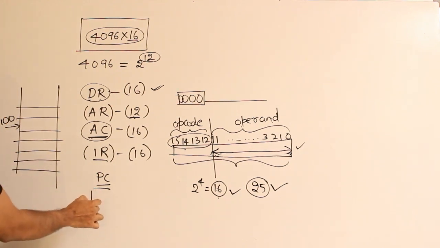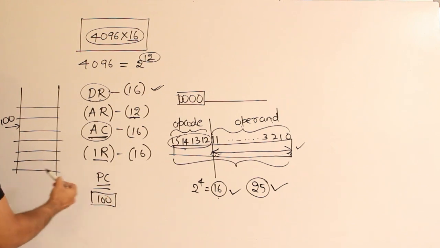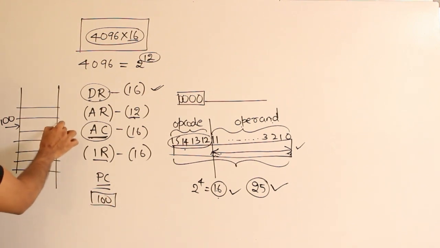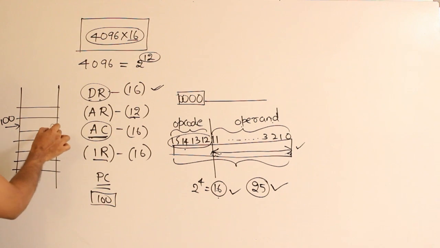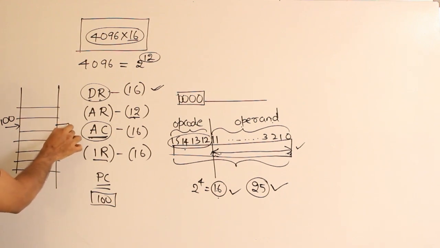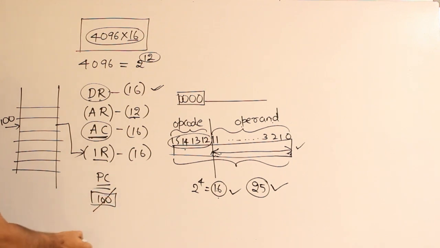Then initially we load 100 here, the address of the first instruction. Now we fetch from this place, the instruction will be fetched into the instruction register, and at the same time it will be incremented to 101, and it will get ready to fetch the next one.